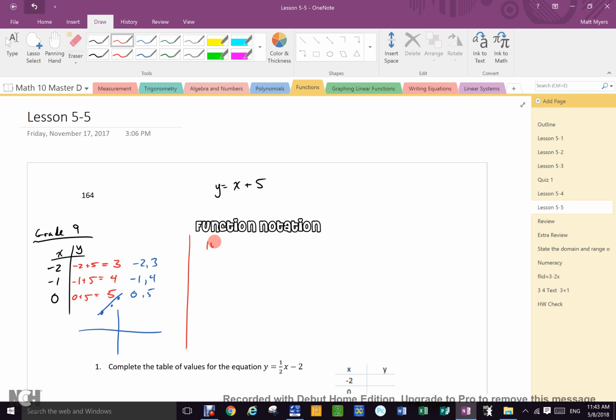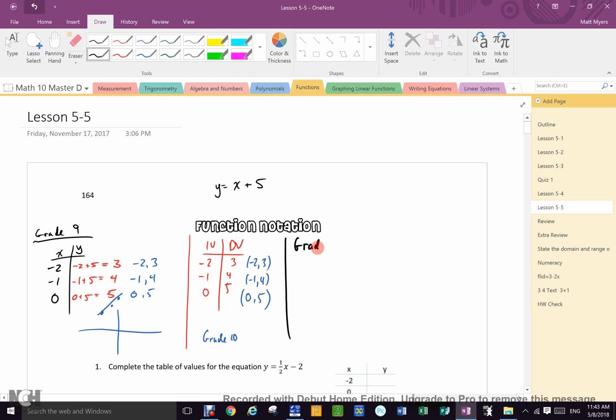No. We took the same values, IV, -2, -1, 0, plugged them into the equation, got 3, 4, 5, and ended up with IVs of -2, DVs of 3, which gave us ordered pairs of (-2, 3), (-1, 4), and (0, 5). Right? That was grade 10. Agreed?